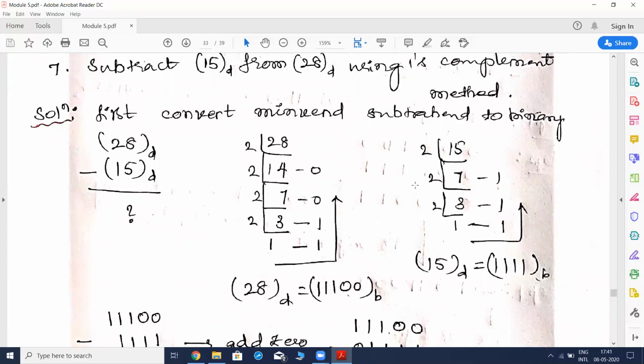When you divide 15 by the base, it is 1111. That is the binary number that you have got. What is 28 decimal? When you keep on dividing that by 2, you will get the remainders as 11100. So your 28 decimal is 11100.